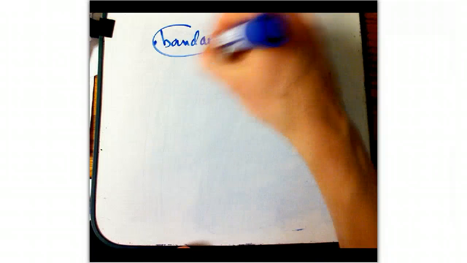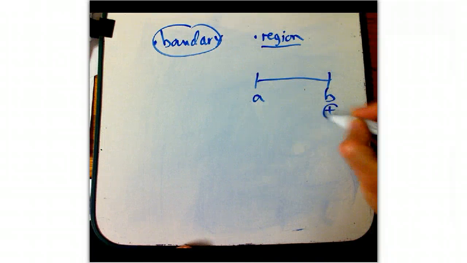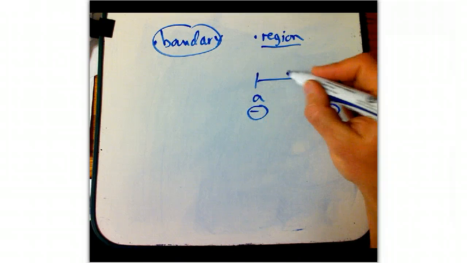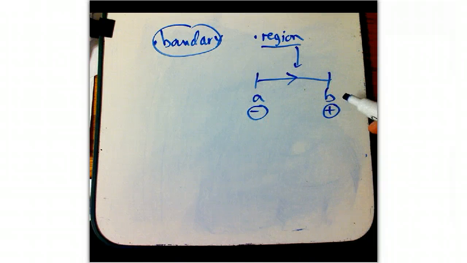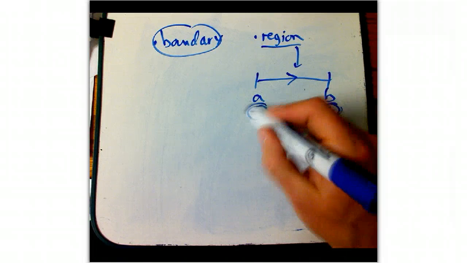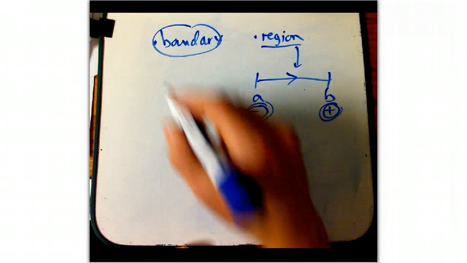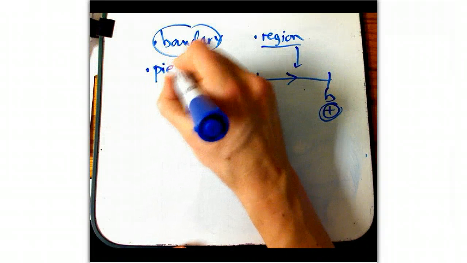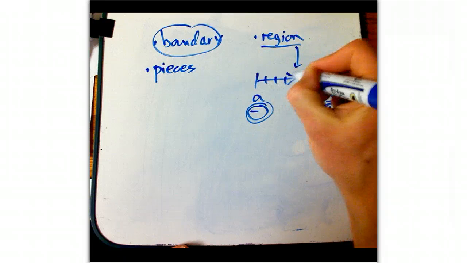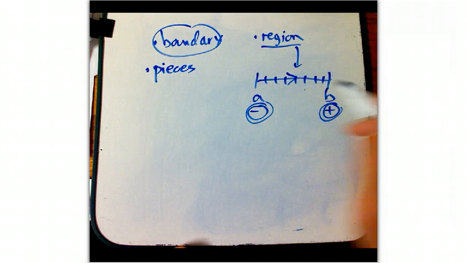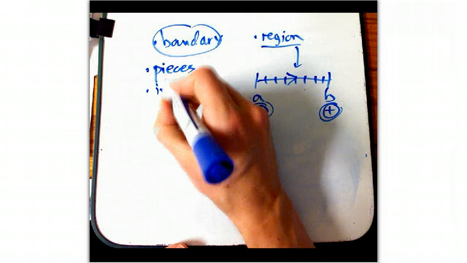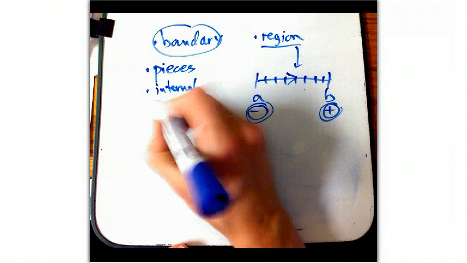It has a boundary, and we want to attach an orientation to everything so that the region is oriented in a certain way, the direction of integration, and we have plus and minus attached to the boundary pieces. Then we chop that up into small pieces with internal boundaries that cancel.